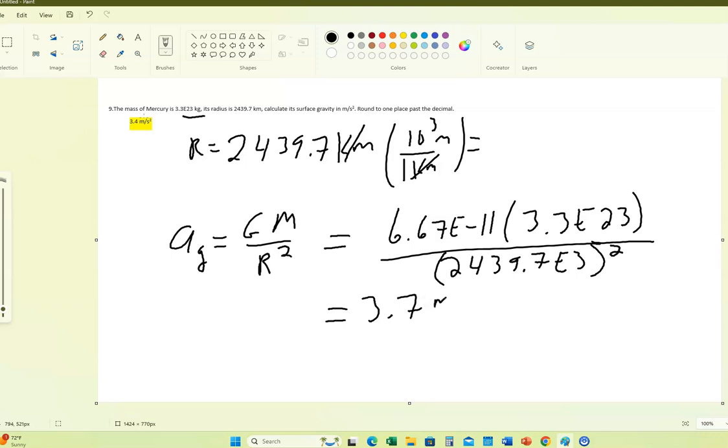And the answer is in, of course, meters per second squared. So this should not be 3.4. This should be 3.7. I'll correct this on the sheet. So you probably won't notice that until you actually watch this video. But anyhow, the correct answer is 3.7.